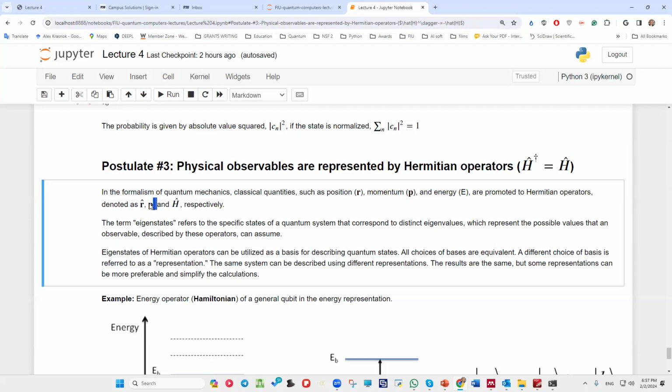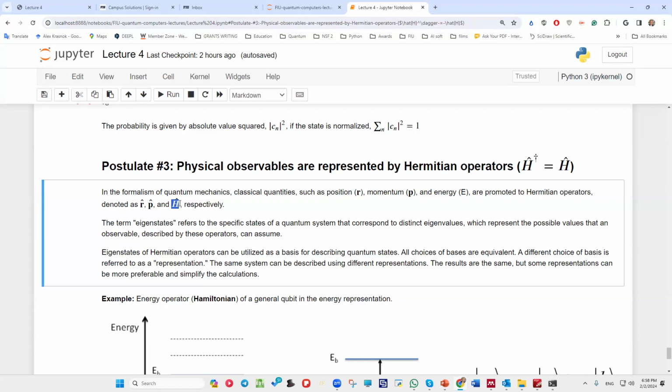However, another day, another researcher might be interested in the momentum of the atom, and they will measure the momentum and work in the momentum eigenvectors for the same system. And another day we might be interested in energy, and we could work in the energy representation and use energy eigenstates to describe the same system.